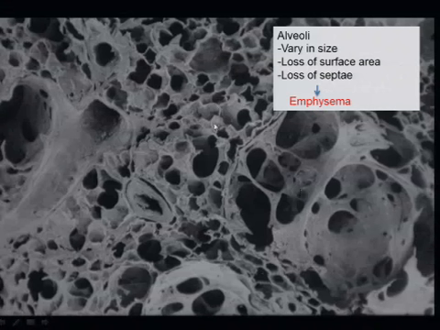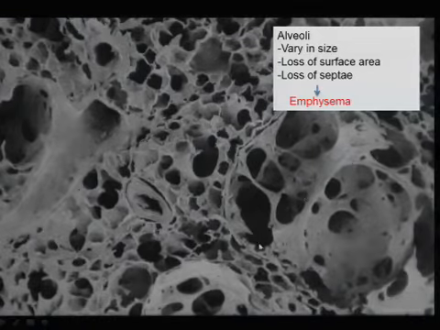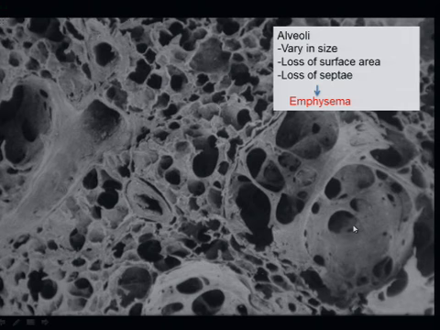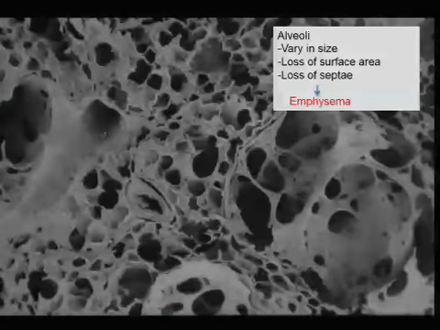Once again, this is another image looking at the variable size of the alveoli and how important it is. Now, if you look here, you can see how large these alveoli are. And so what we're looking at here is a loss of surface area. As these alveoli become larger, we lose surface area because a lot of little alveoli give you much more surface area.